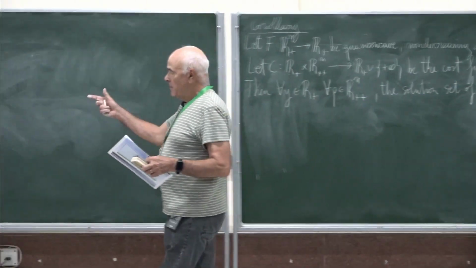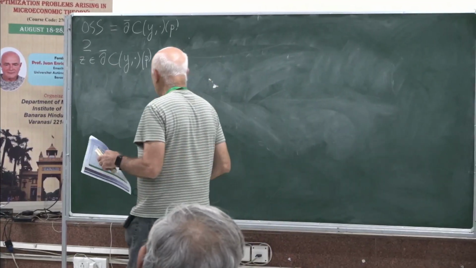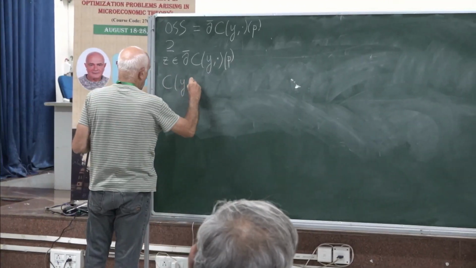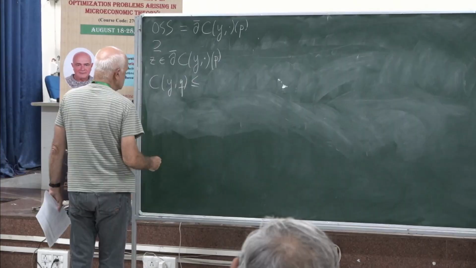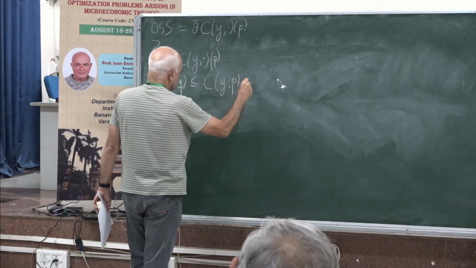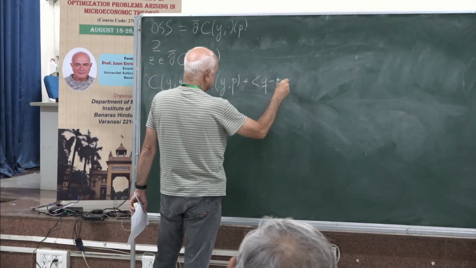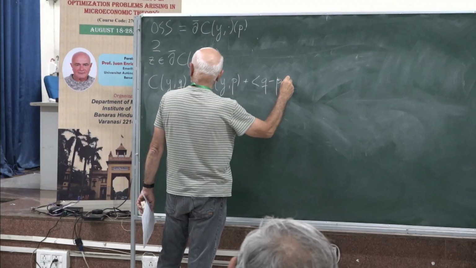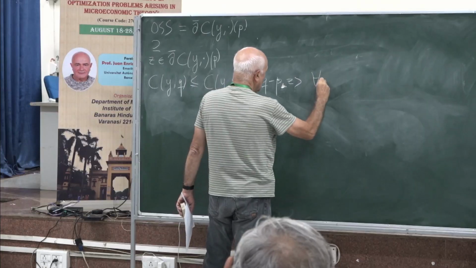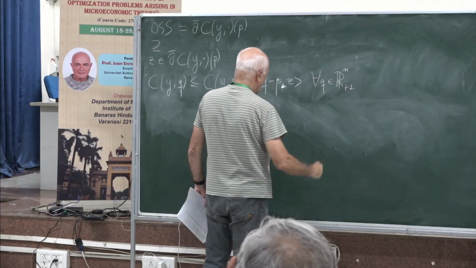Then, well, at the beginning the proof is what we have seen going backwards. This means that C of y, q is less than or equal to C of y, p plus the inner product of q minus p and z, which is the supergradient, for every q in R plus plus n.